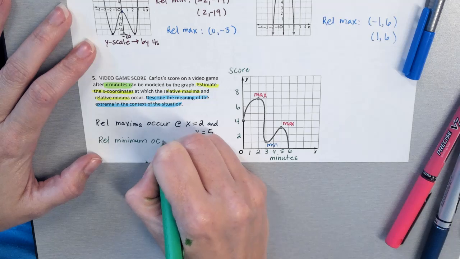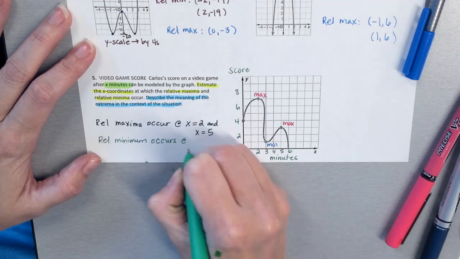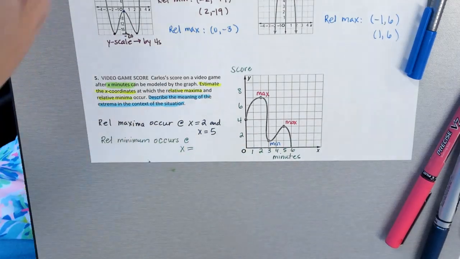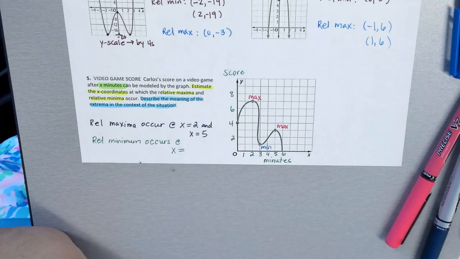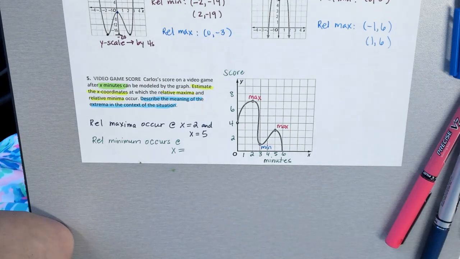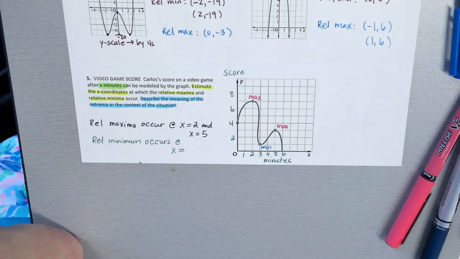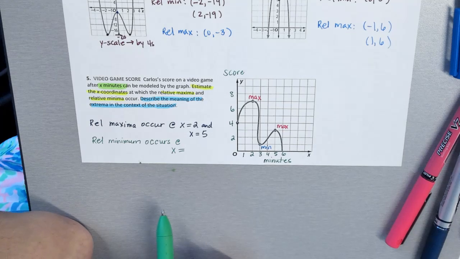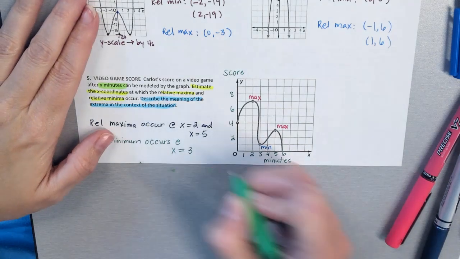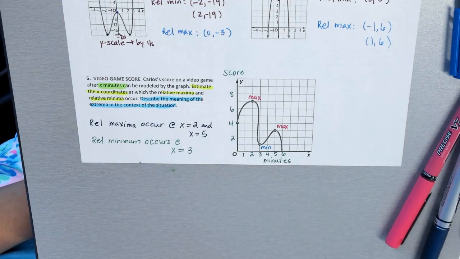Okay, so the relative minimum occurs at x equals, and then will you identify that on the chart for me? Okay, and then Jaden, will you tell me what you got for your x value where the min is? Great. You can just say at, the occur at, yeah.